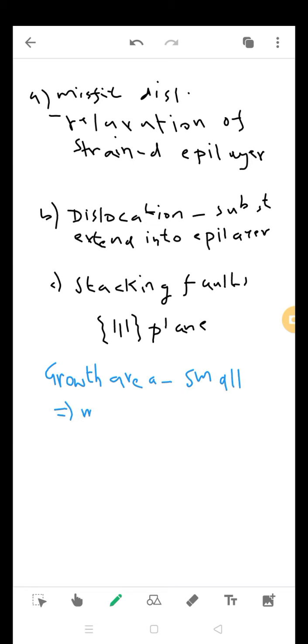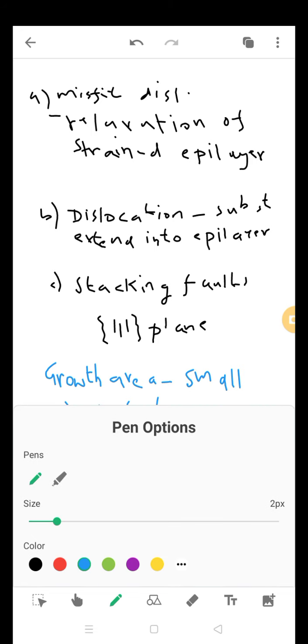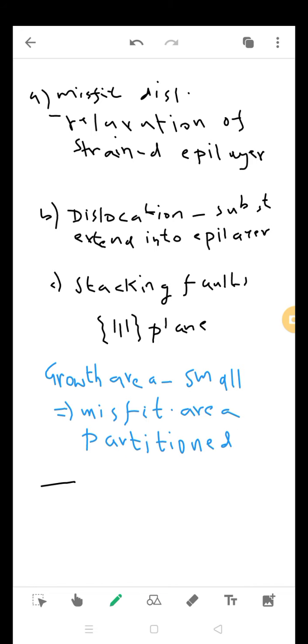As an example, say this is your epitaxial layer and this is your substrate.